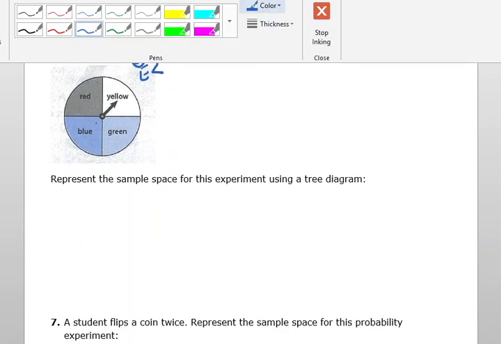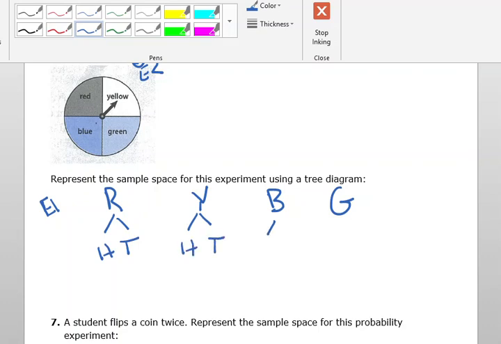Okay. So in this case, I'm going to do one of these sort of downward facing tree diagrams, and I'm actually going to start with the spinner. So event 1, I'm going to have red, yellow, blue, or green. And since I'm flipping a coin, each of these can either have heads or tails, heads or tails, heads or tails, heads or tails.